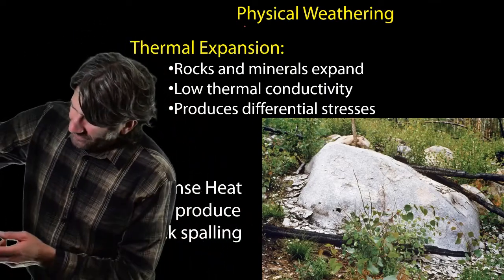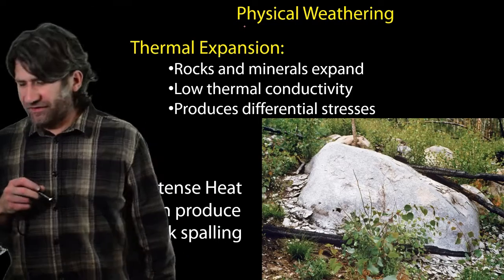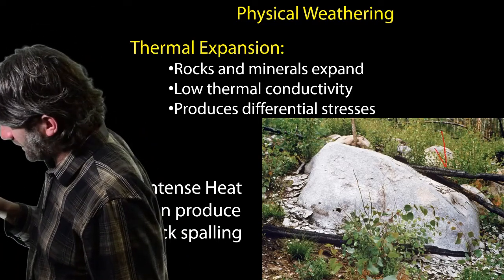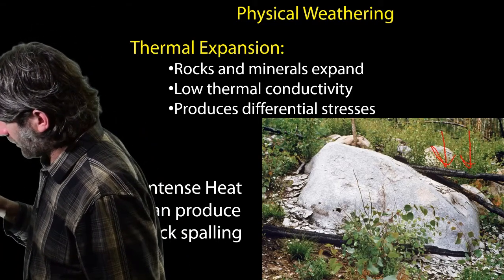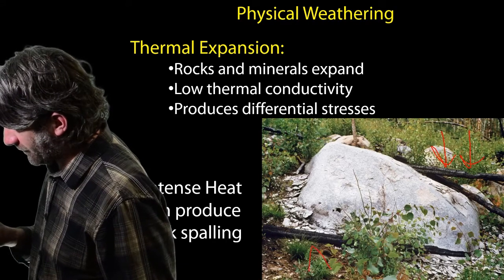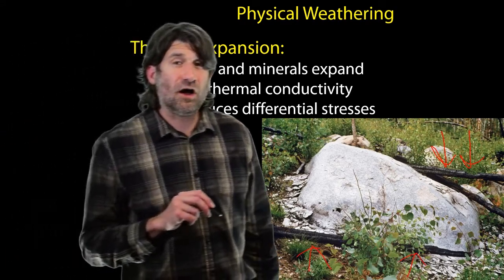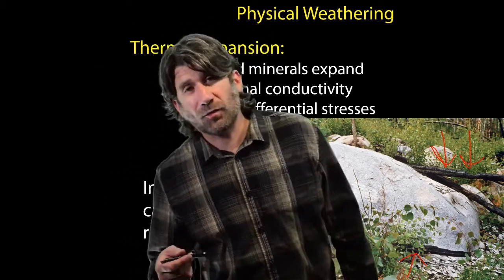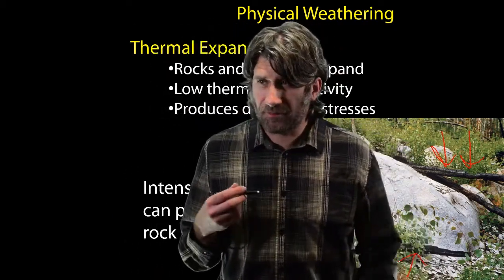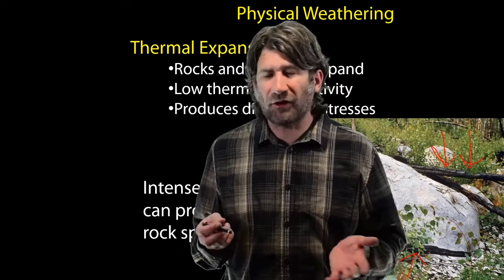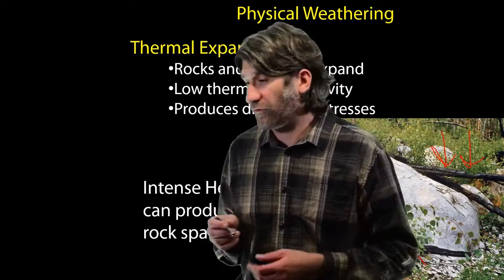So you do this by intense heat, and then what's the intense heat source? We get a really big flue here in our picture, right? What are these black things here? Those are burned logs. And so where we often see thermal expansion and physical weathering via spalling like this would be associated with forest fires.